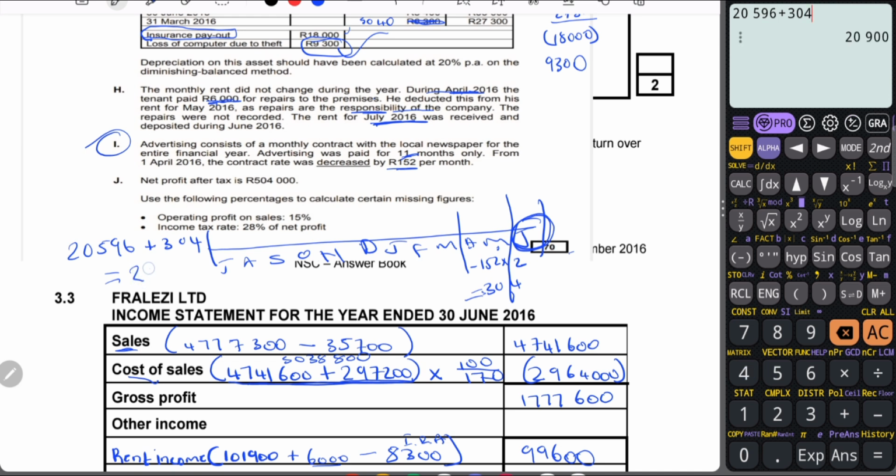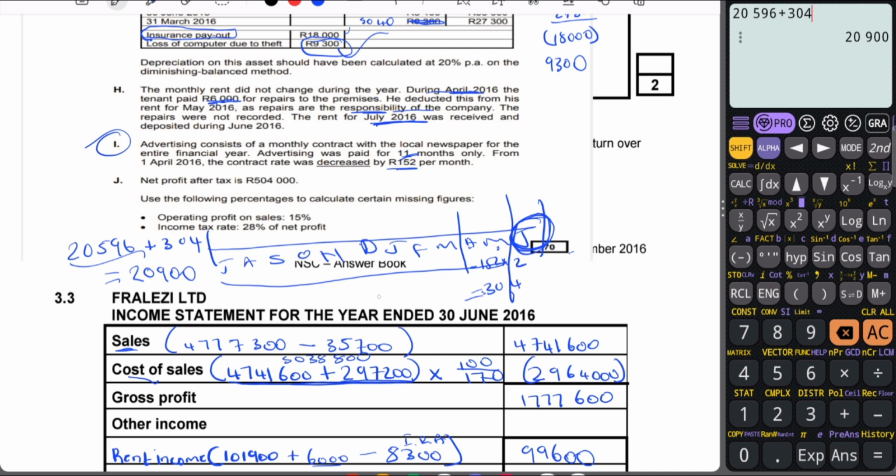So we were supposed to pay 20,900 for this entire period, but we paid 20,596 for 11 months because of the decrease of the advertisement. And remember, we did not pay for June now.